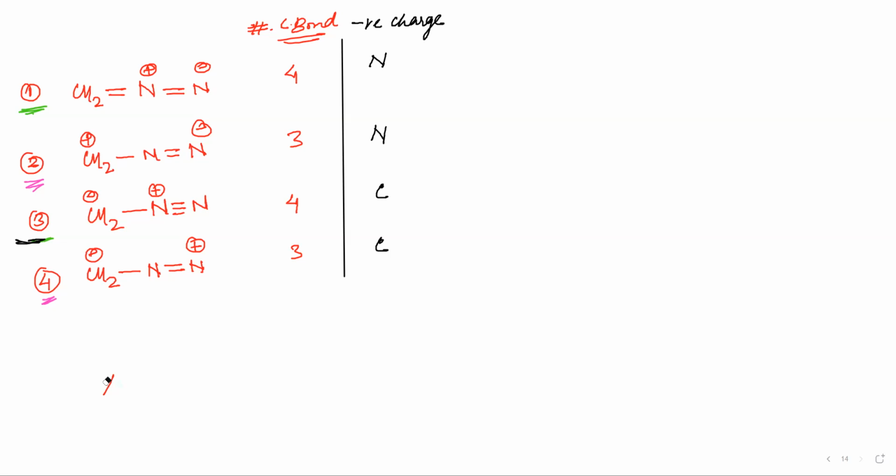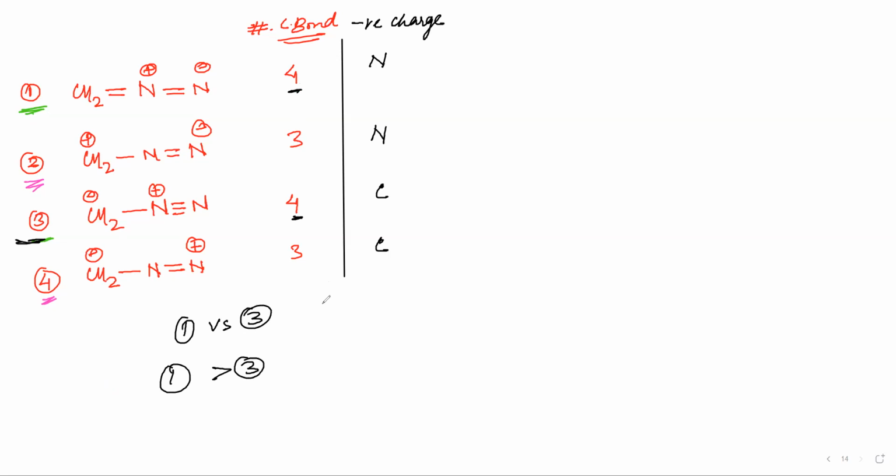Just now compare. 1, 2, 3, 4. Who were the winners? 1 and 3, right? Because they have 4 covalent bonds each. In 1 versus 3, who won? If we look at the negative charge, nitrogen, so 1 is winning, then 3.